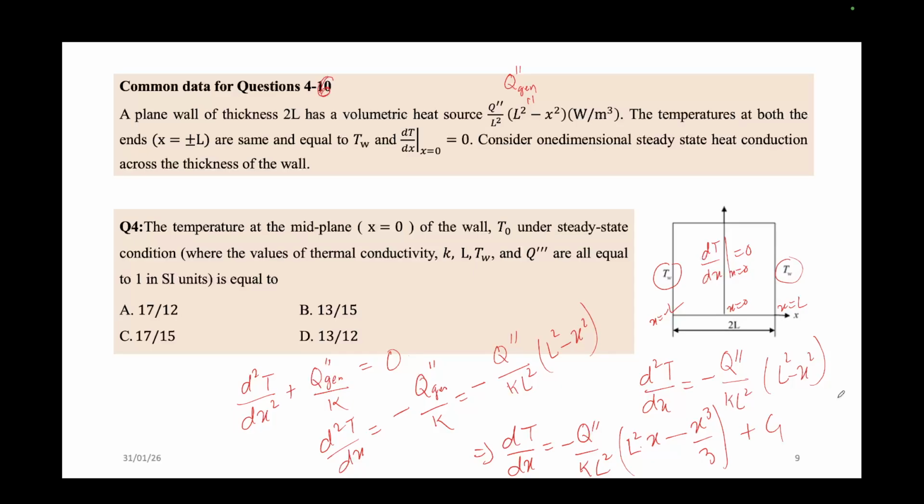So I'm moving to the next place. Just remember this equation and tell me, because in the next slide I will forward this one. So I am just plotting this graph. Here it is x, it is Tw, it is also Tw. This is your x equal to minus L, to L, x equal to 0.